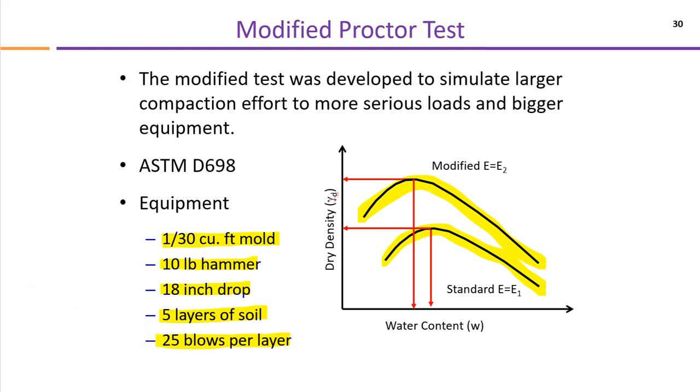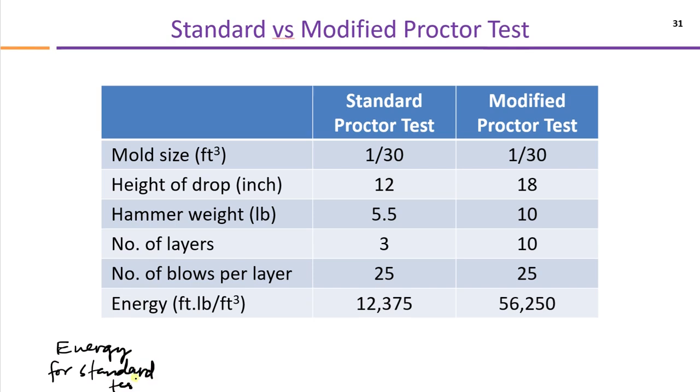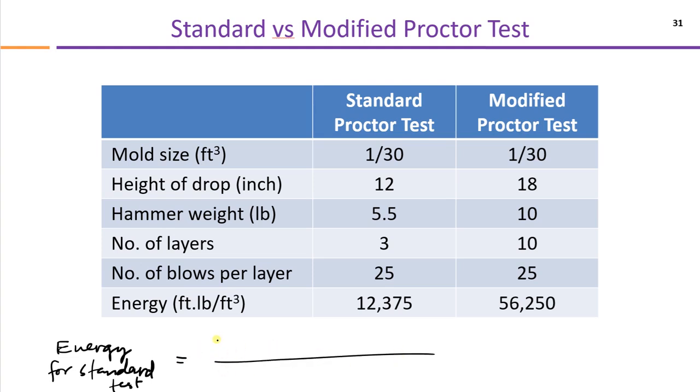So if we calculate this energy, you know how to calculate the energy. Let's say the energy for the standard test. What will be the energy for the standard test? We have to look at the hammer, which is 5.5 pounds, times the drop, which is 12 inches. 12 inches means 1 foot.